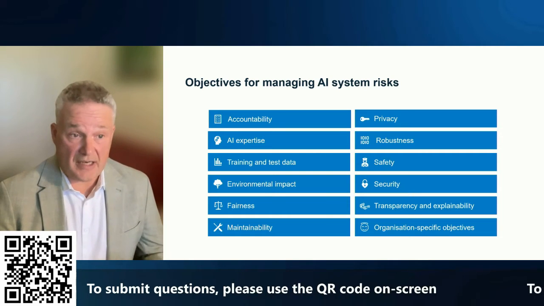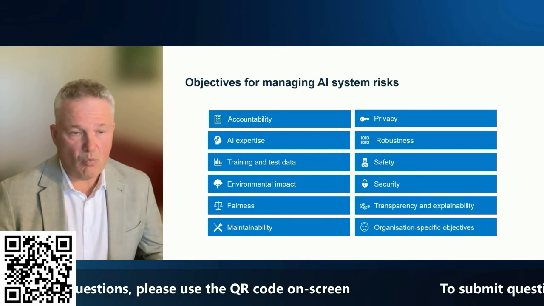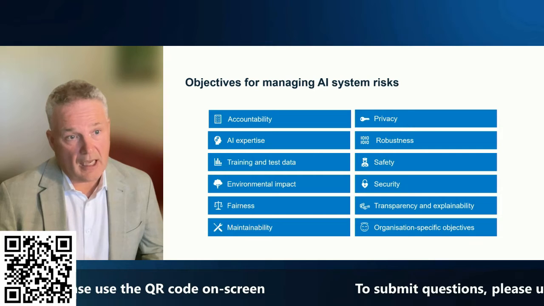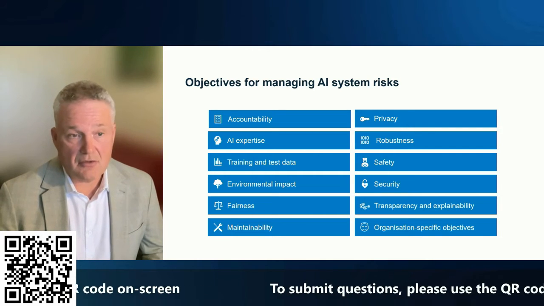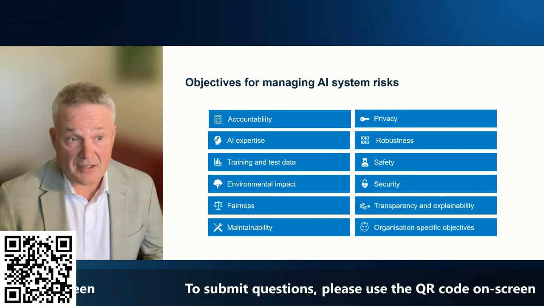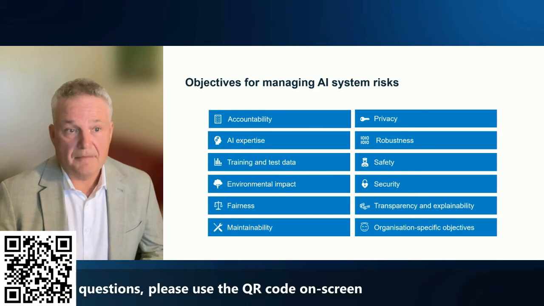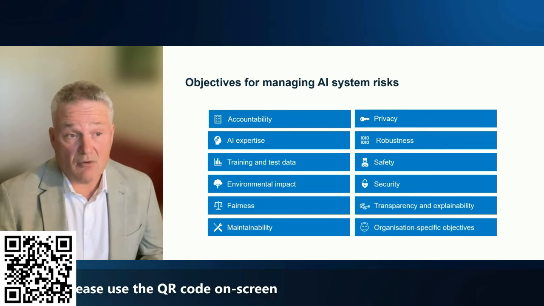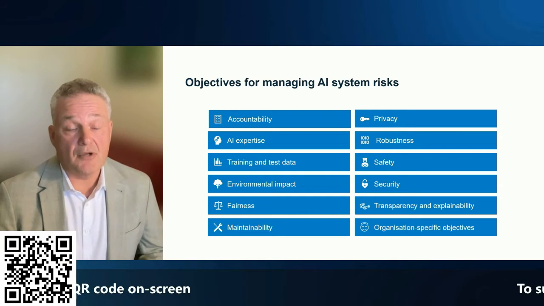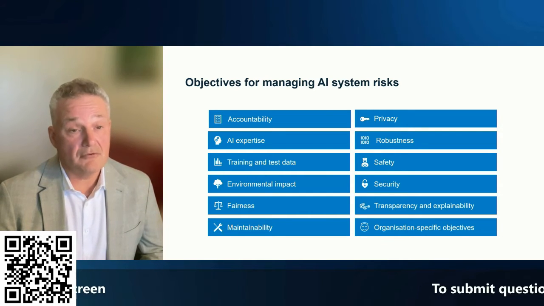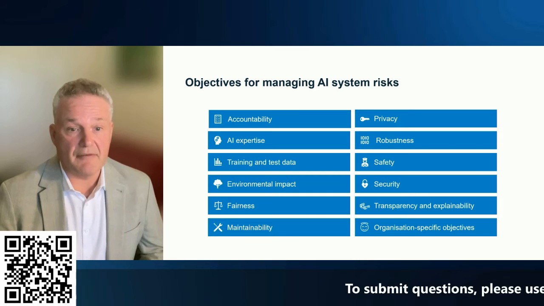So objectives will be specific to your organization, to the strategic direction that you set for the deployment of the technology, in much the same way that organizations have set objectives for more traditional forms of information technology.